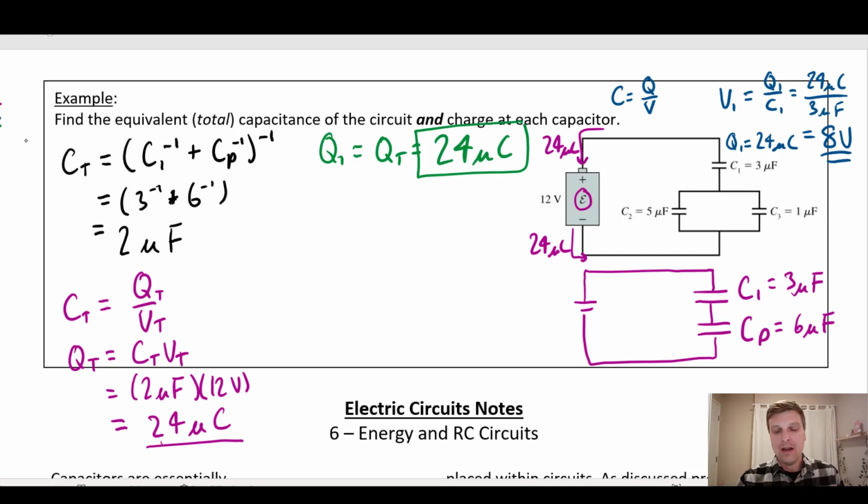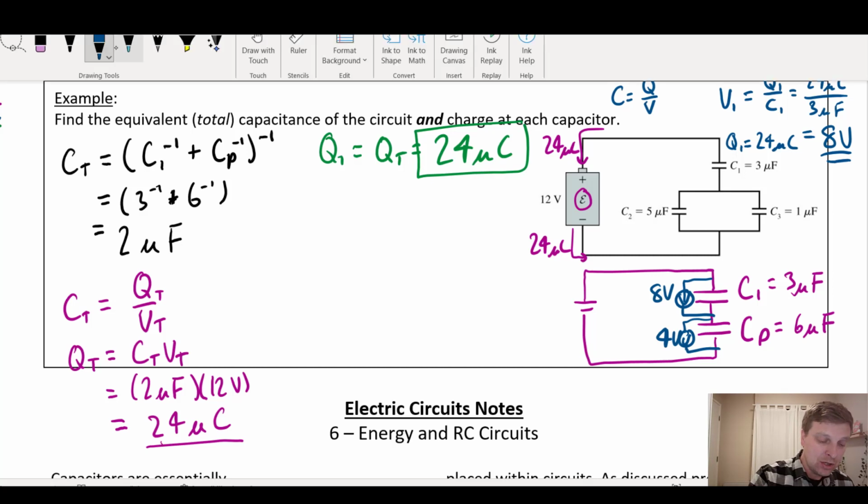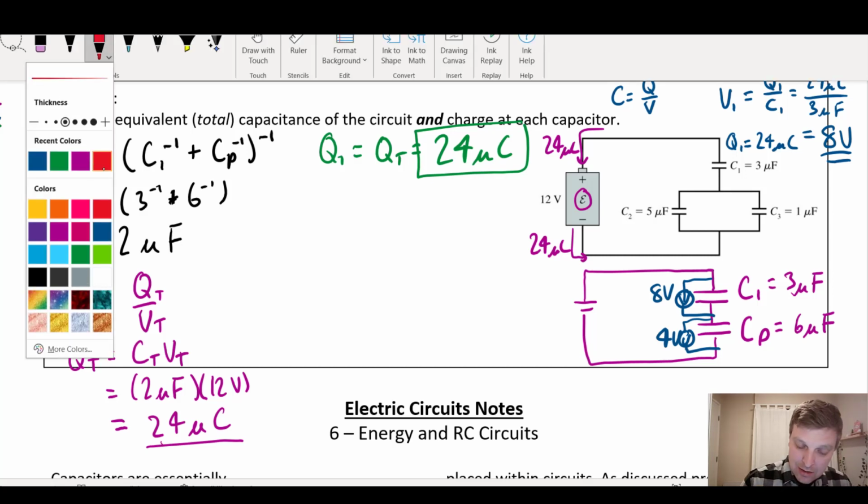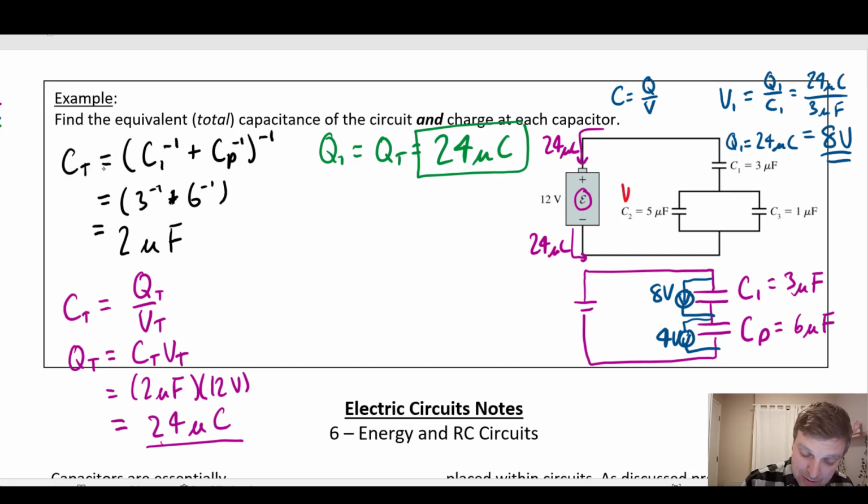If I'm using up 8 volts on C1, then I must have 4 volts left over for my C parallel. I've got my voltmeter here measuring 8 volts, so at this voltmeter I must have 4 more volts to spend. That means both C2 and C3 must get the same voltage, so this is 4 volts for each of these.